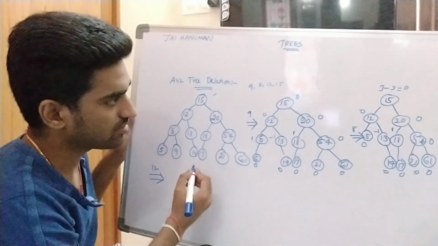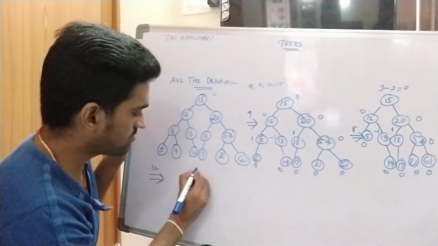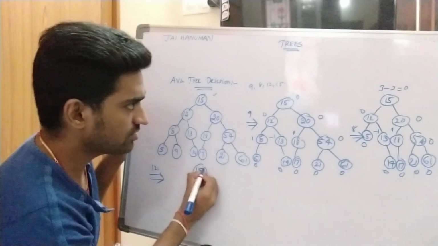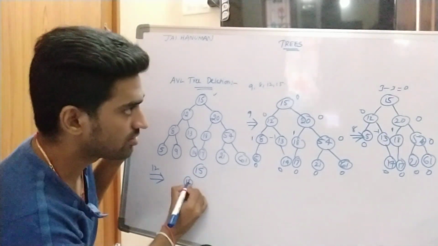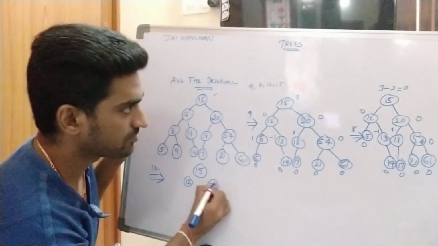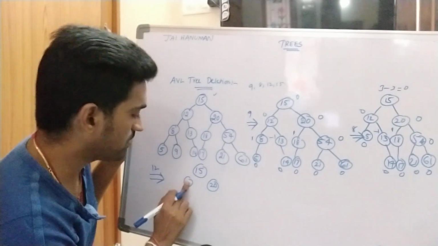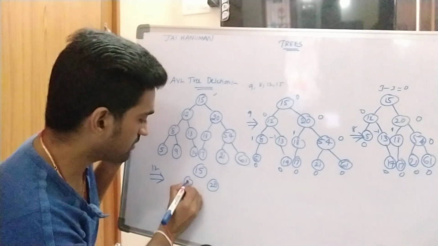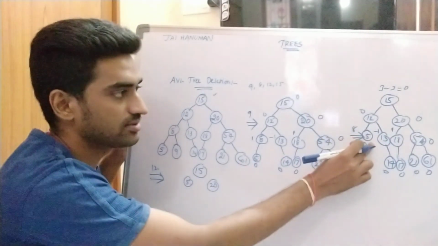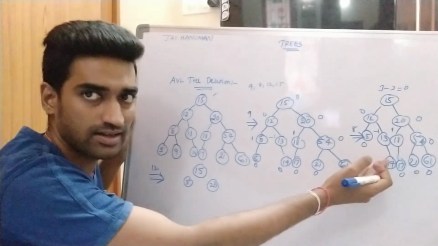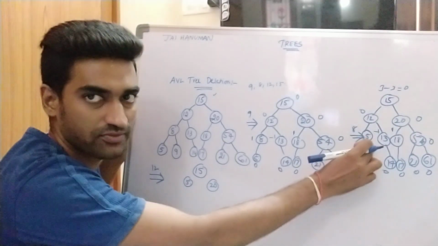So suppose I want to replace with the help of 5, right? So here the tree becomes 15, 12, 20. So here I want to replace 12 with the help of the maximum left child. You could also replace with the minimum right child. So here I am taking the maximum left child, right?